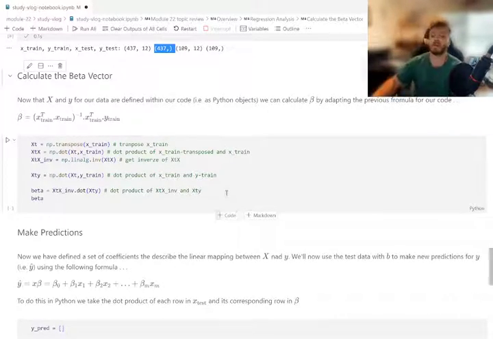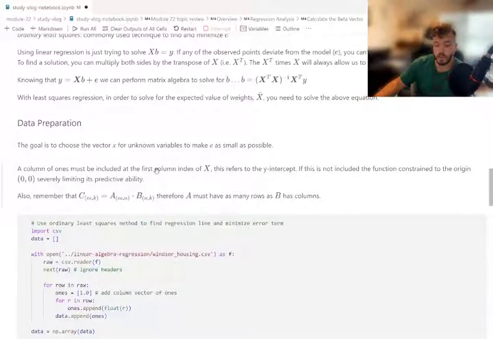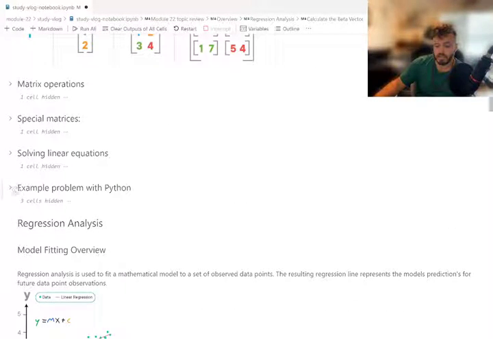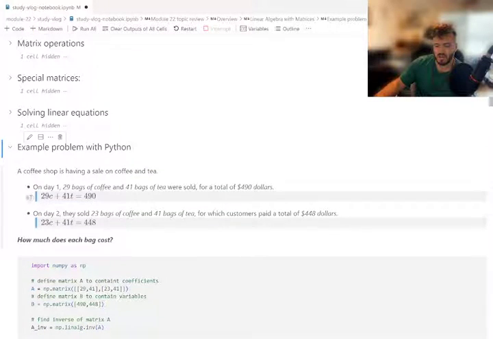Okay, so recall this formula from earlier. Where'd it go?